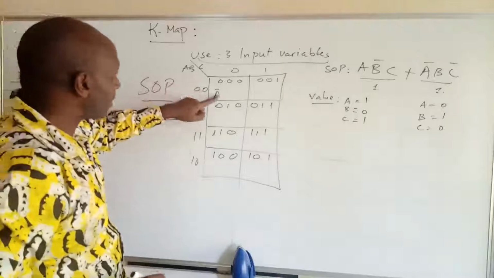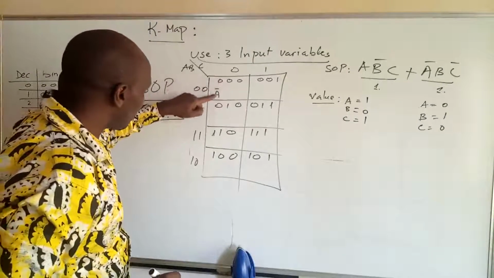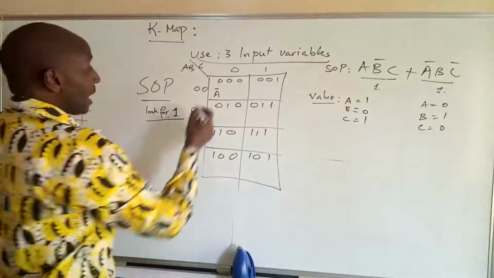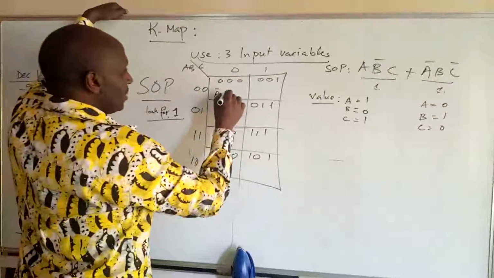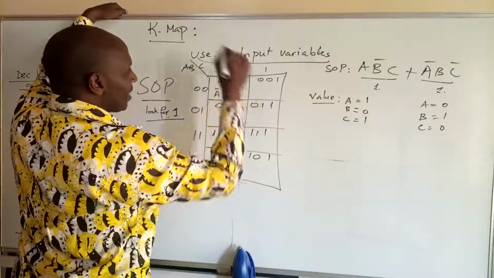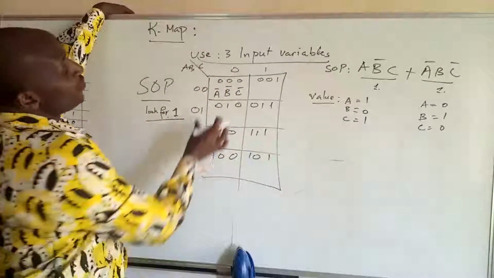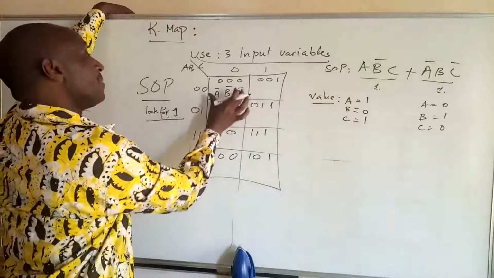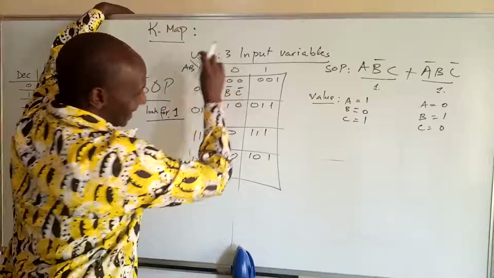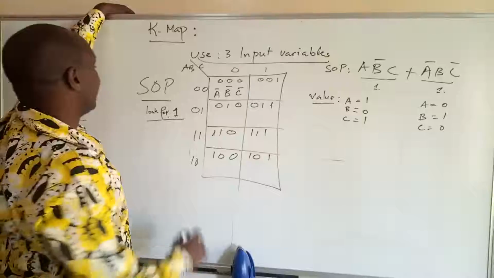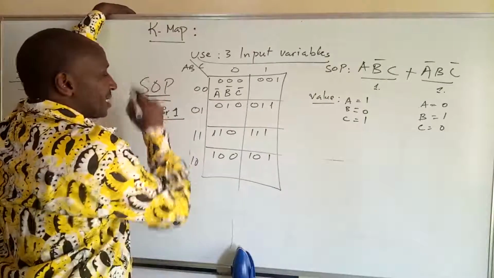Because we will have 0 inverted. So this is A bar, B bar, C bar. And if you have it like this, it means this term can be equal to 1 because we want a 1. This is the sum of product.